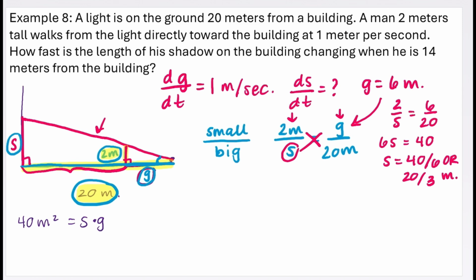All right, so I'm going to go ahead and find the derivative now of both sides. So I'm going to find the derivative of 40 meters squared, which is just going to be 0. So I'll have 0 equals.